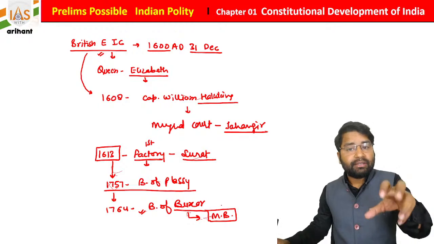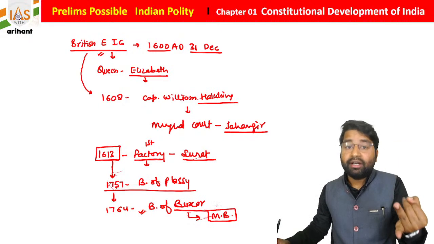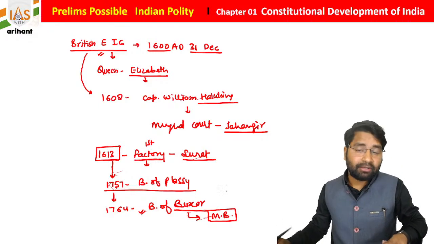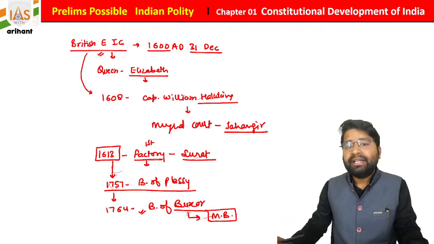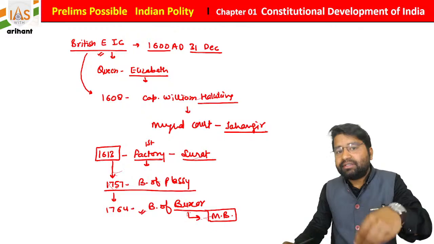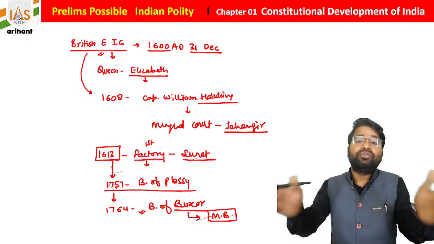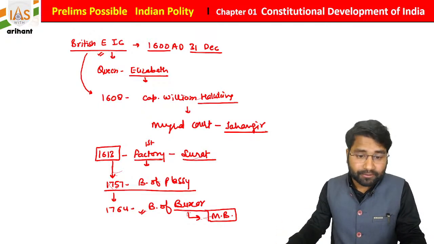The Awadh Nawab, the Mughal Badshah, along with the Bengal Nawab, created combined forces and met the British forces in Buxar, and the Britishers defeated these three very huge forces containing approximately 50,000 army personnel.